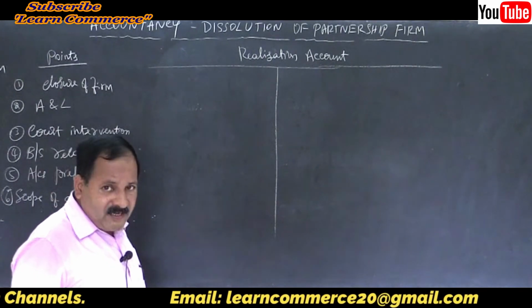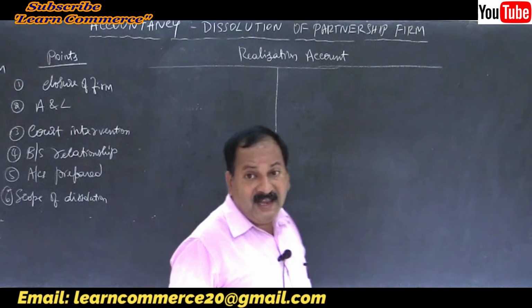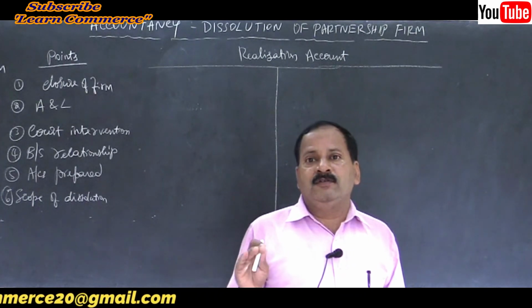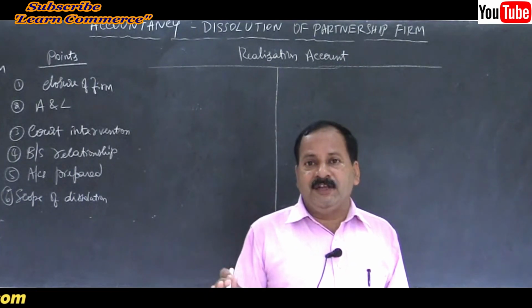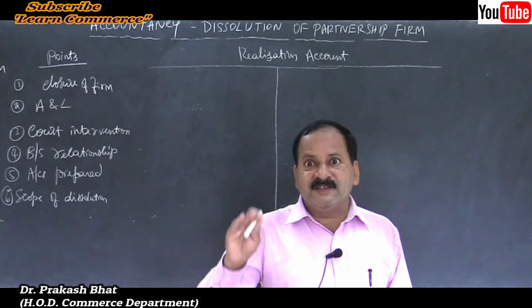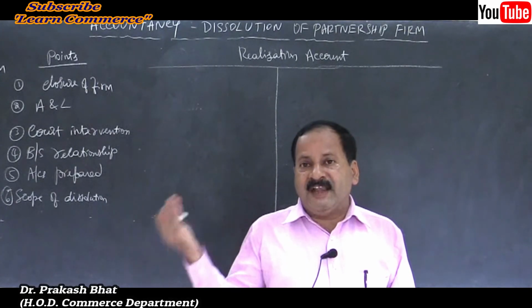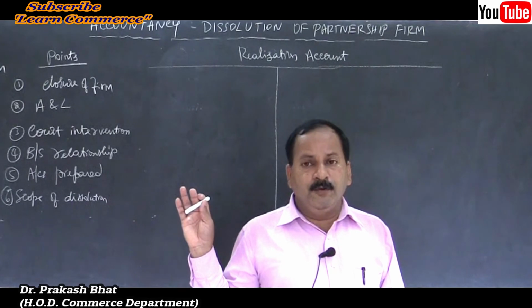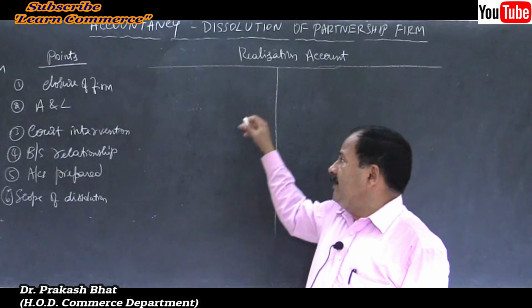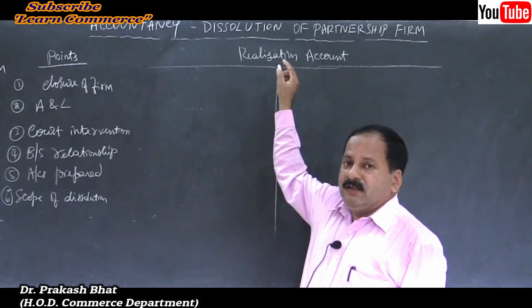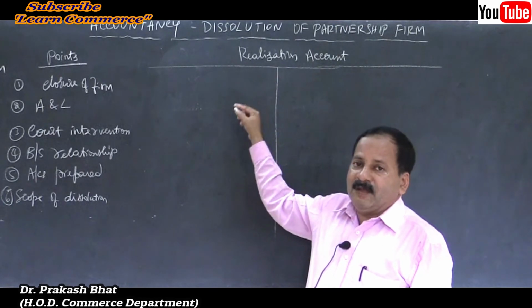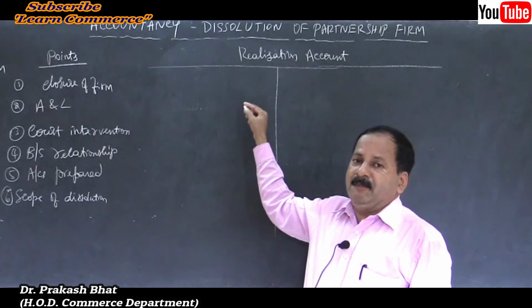Then close the account. Whatever the final balance, don't bring down. No balance carried down here, because firm is getting closed, no question of carrying forward. What you will do is, you will write the entry to cash or bank. Capital account entered to cash or bank, that is final payment made.